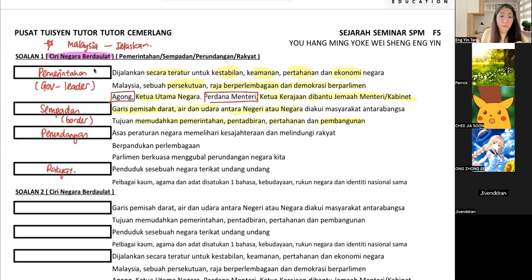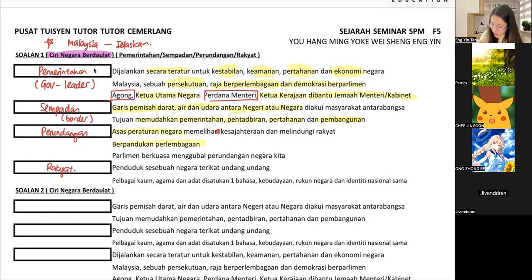Number 3 is the law. The law dekat sini, I want you guys to do some editing for me. I'm so sorry for the typo. Dekat sini, this is called memelihara, and this is kesejahteraan. Memelihara kesejahteraan. Sorry for the typo.